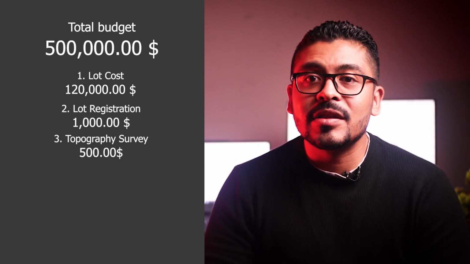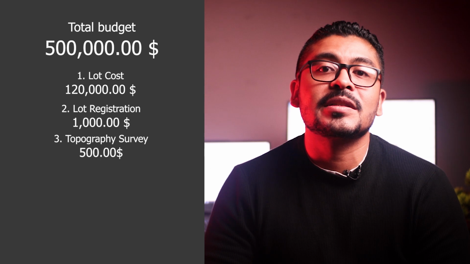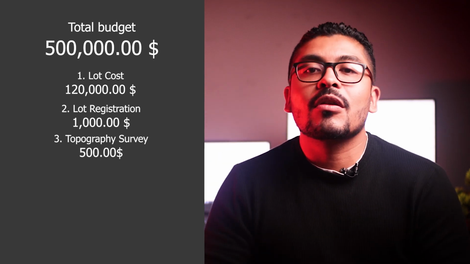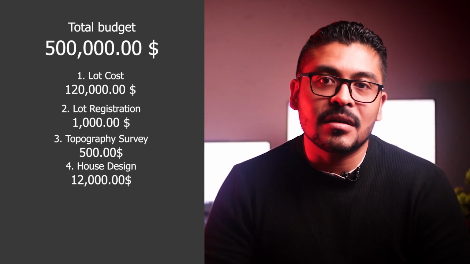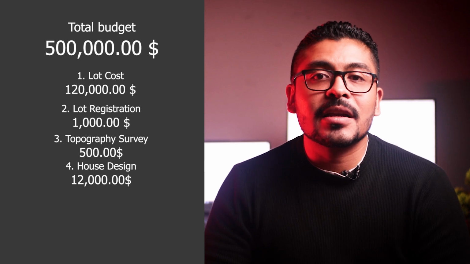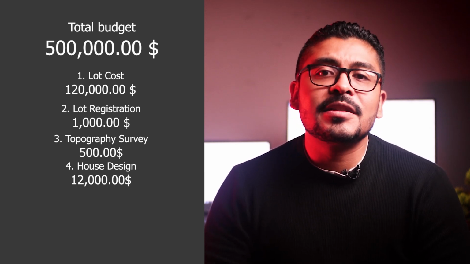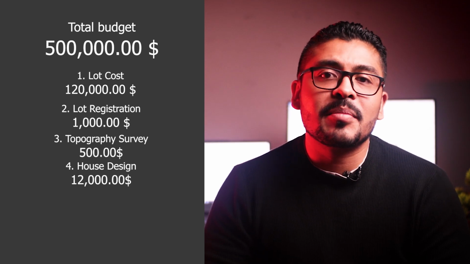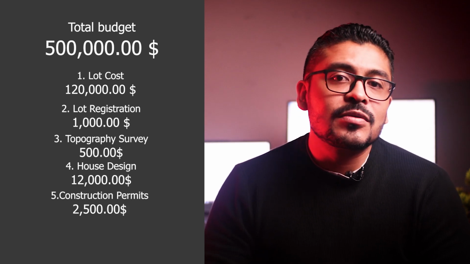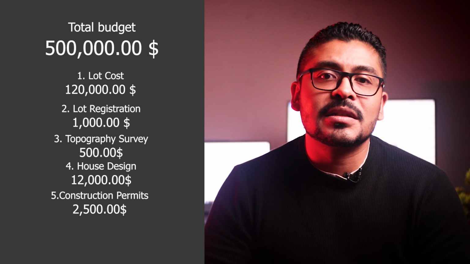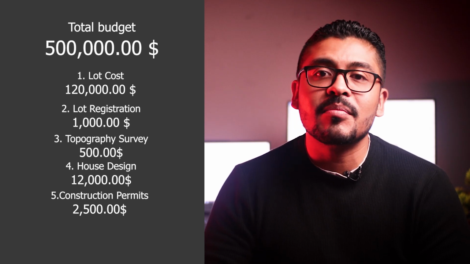Number 4, beach house design. Let's say a 3,250 square foot house, $12,000. Number 5, construction permits. Normally it's 2%. Let's use a more or less approximate number, $2,500. Number 6, earth movement.